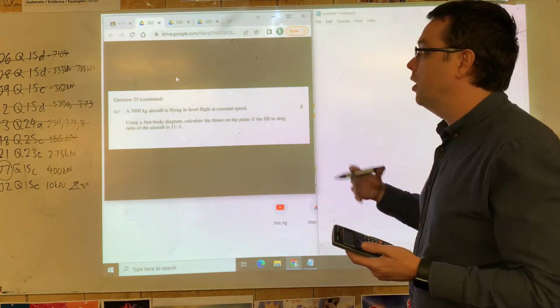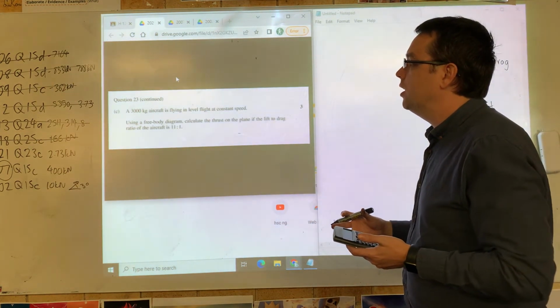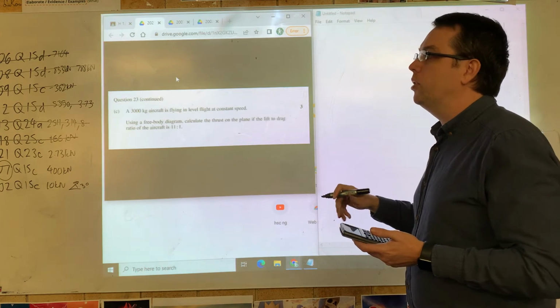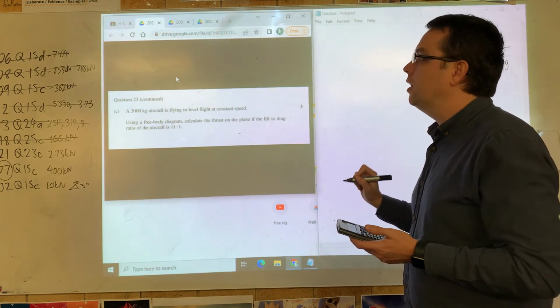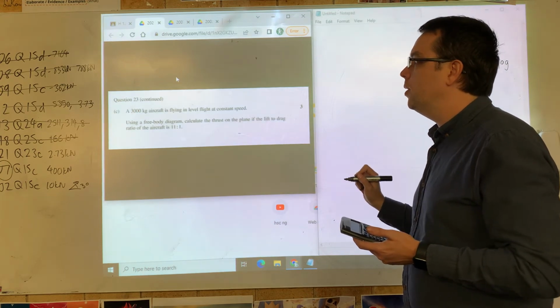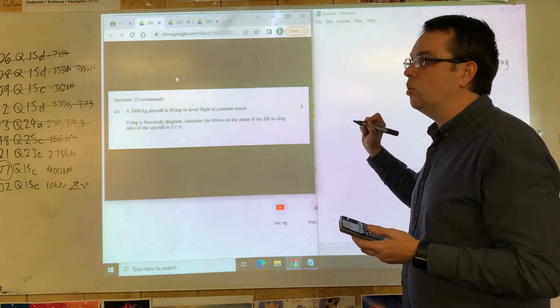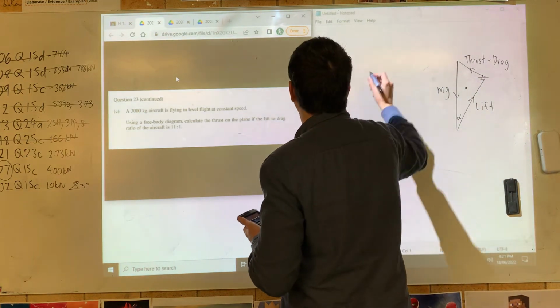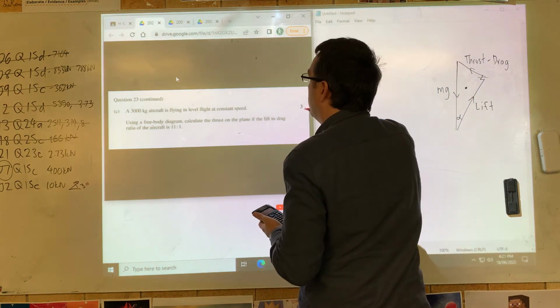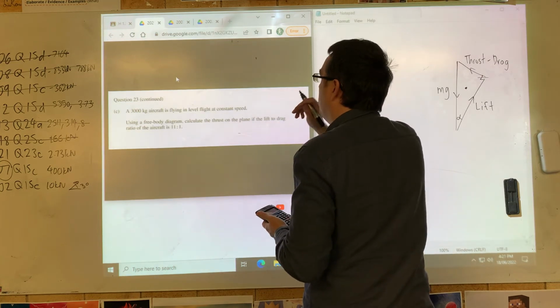So this is where maybe I need to explain more clearly that we always want to remember that the lift is perpendicular to the wings, the thrust and the drag are collinear, and the weight is always down, and it's always the hypotenuse.